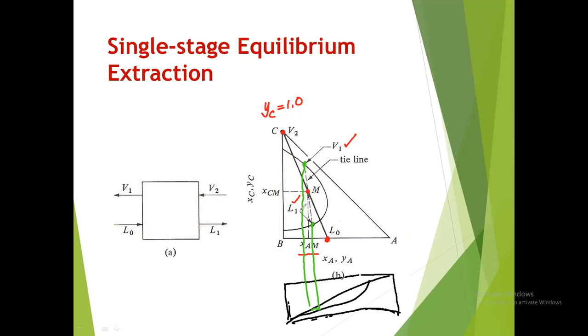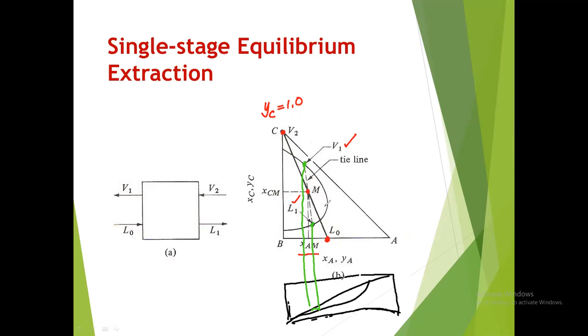So it's also a trial and error thing. Because, for example, if you choose a particular point here and you go down and you turn left and you go up, and you connect the corresponding point, and it doesn't pass through M, then that's not the corresponding tie line for this particular bulk phase M, resulting from the contact of your feed LO with your solvent V2.